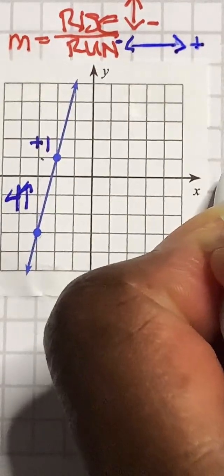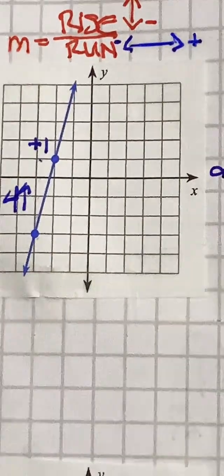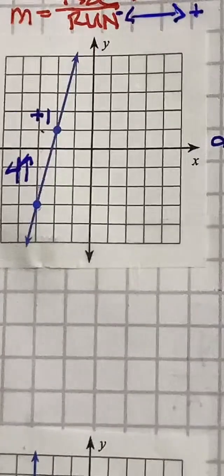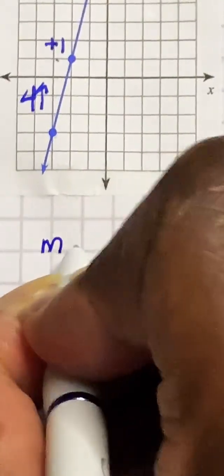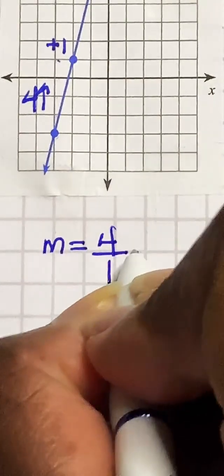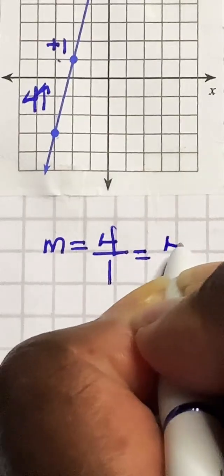This is going all the way to positive infinity. Okay, and this is going all the way to negative infinity. So your rise over run is going to be 4 over 1, which could be simplified to 4.